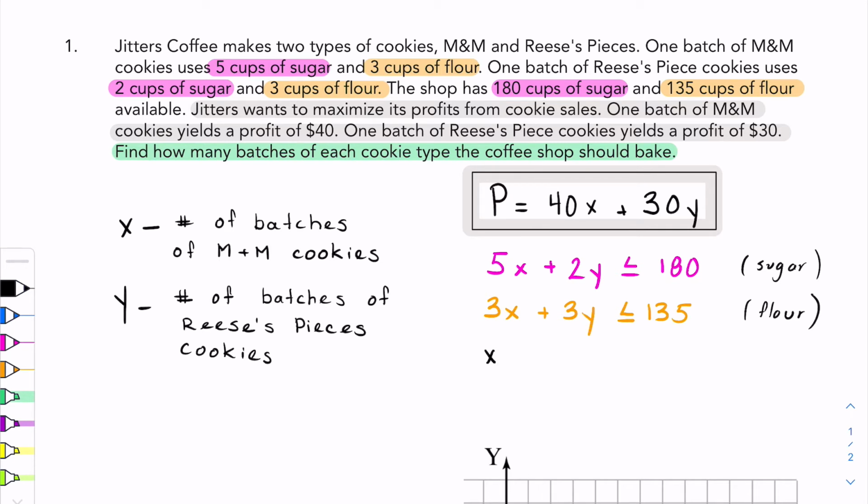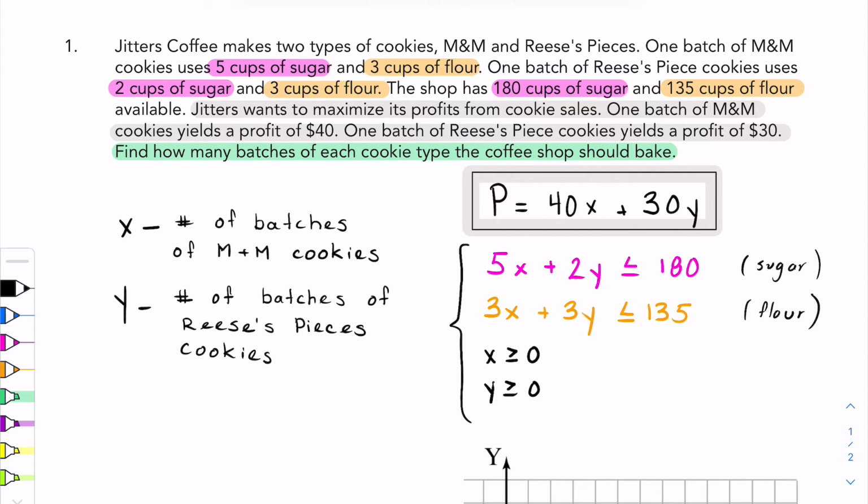So no batches, which would be 0, or more than 0 batches. But you cannot make a negative number of batches of cookies. So you have to make sure you indicate that both your x and y variable have to be greater than or equal to 0. If they're equal to 0, that just means you make 0 batches of that flavor cookie.